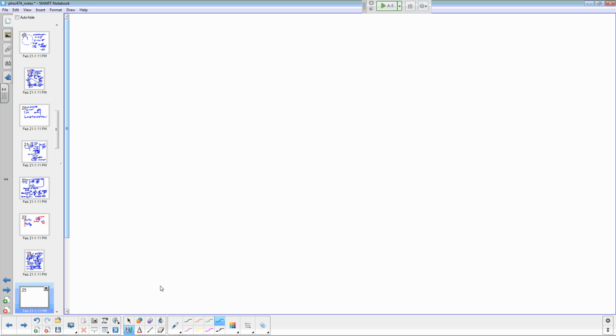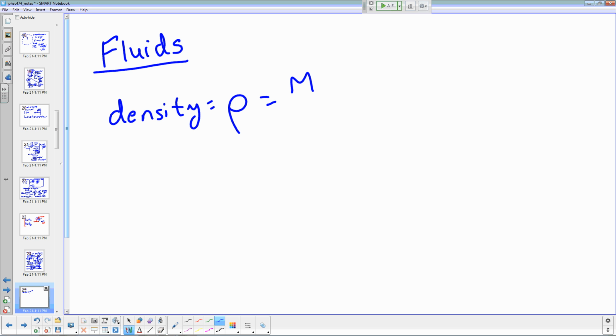When we're talking about fluids, we have a number of definitions that we just need to know. One is the density of an object. The density, which is rho, is just mass over volume. It's measured in kilograms per cubic meter or grams per cubic centimeter. We also talk about the specific gravity of an object, which I think is probably more used in chemistry.